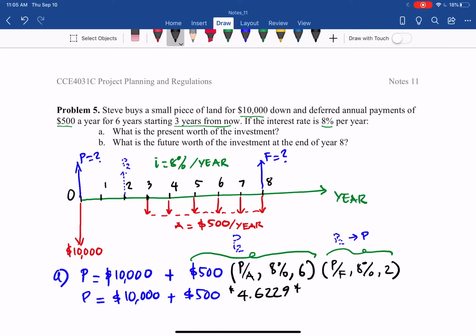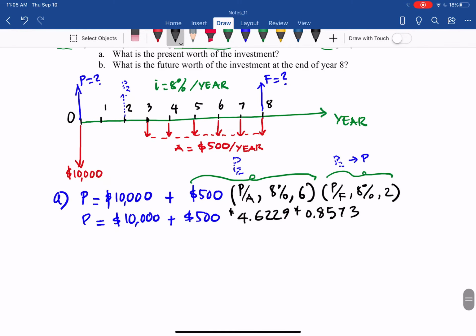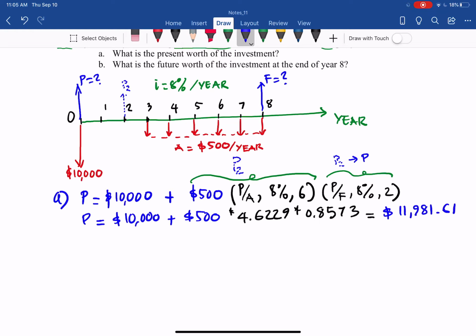P over F, 8%, 2, so 0.8573. And with that we get the equivalent amount is 11,981.61, and that is the answer.